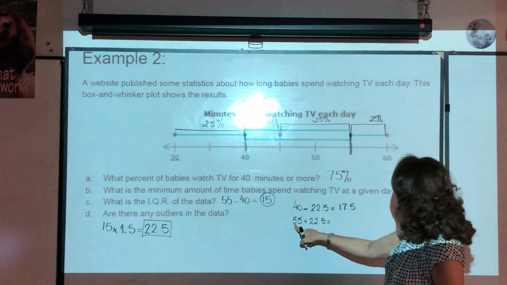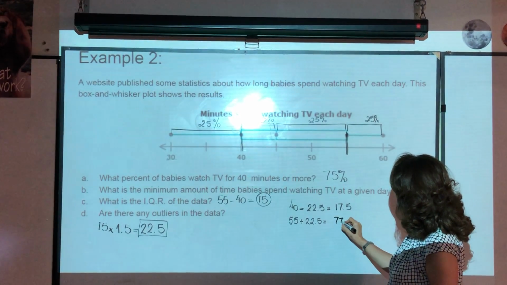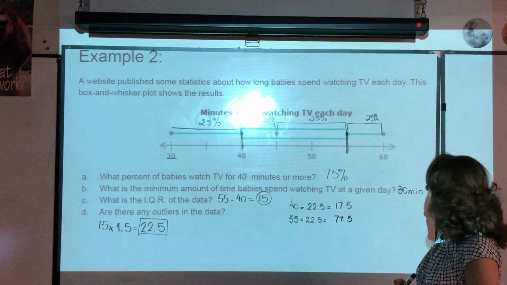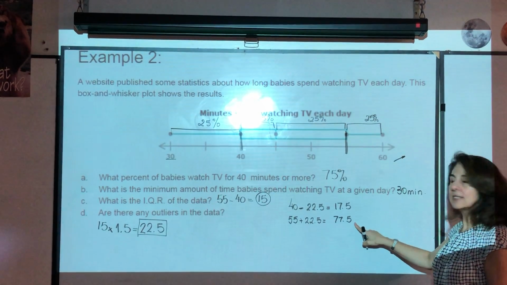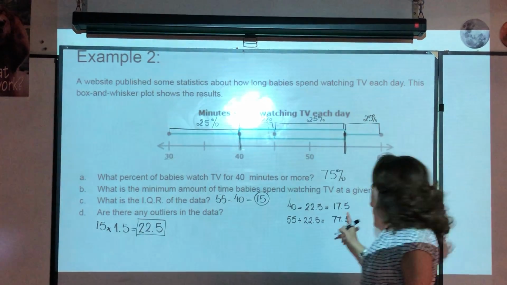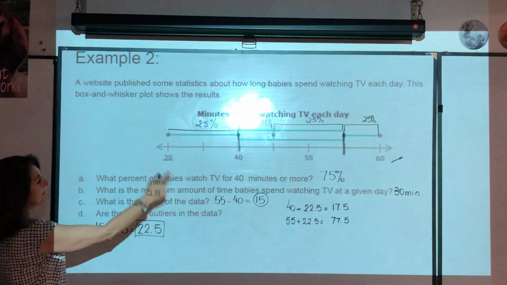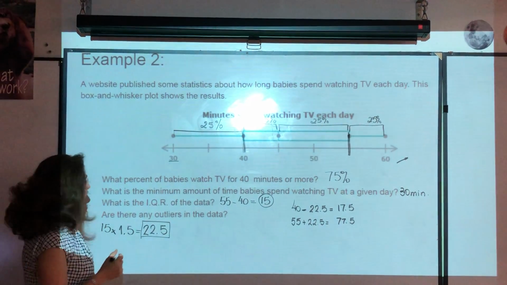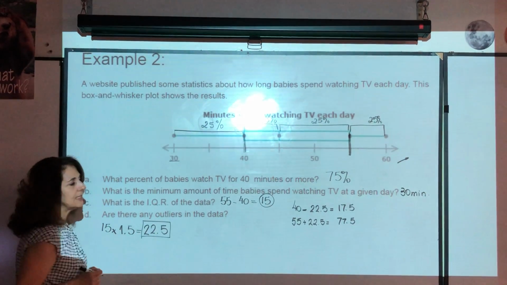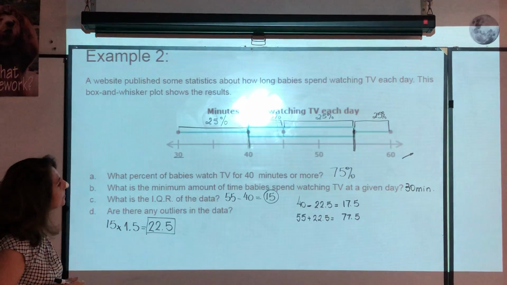And then 55 plus 22.5 is 77.5. Look at this. I have no numbers greater than 77.5. And I have no numbers that are smaller than 17.5, because my smallest number here is 30. So are there any outliers in the data? No, there are no outliers.